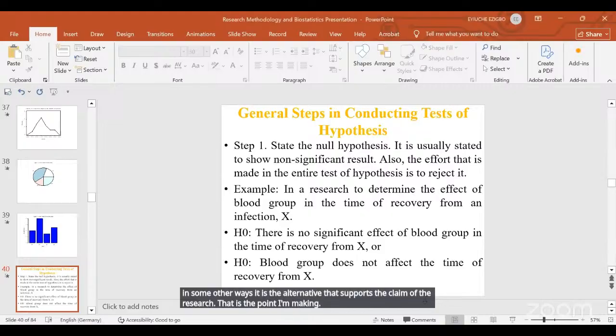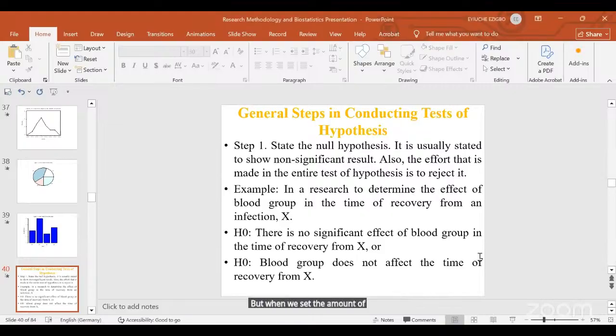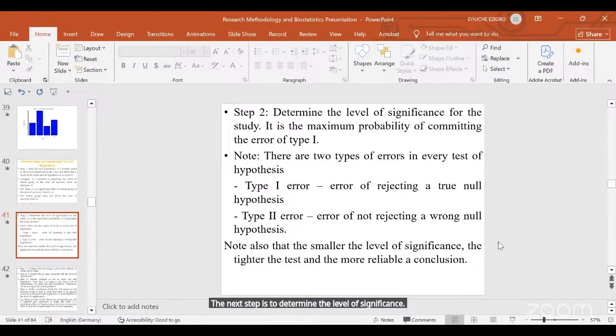But when we state the null hypothesis and the alternative hypothesis, the next step is to determine the level of significance for the study. What is the level of significance of a study?